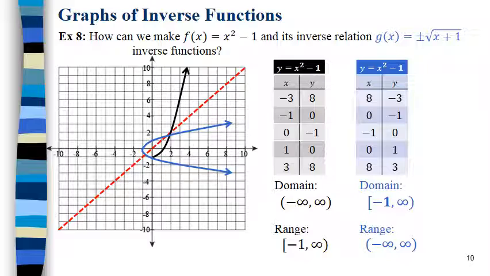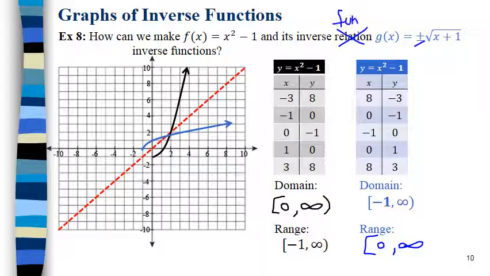If we look at only half of the original function, which means we look at the domain only from when x is greater than or equal to 0, now we have a one-to-one function, which, when we find its inverse, means our range is going to then be from 0 to infinity, and only that part of the inverse function. And now instead of being a relation, so basically we're getting rid of the negative part, now we have an inverse function.